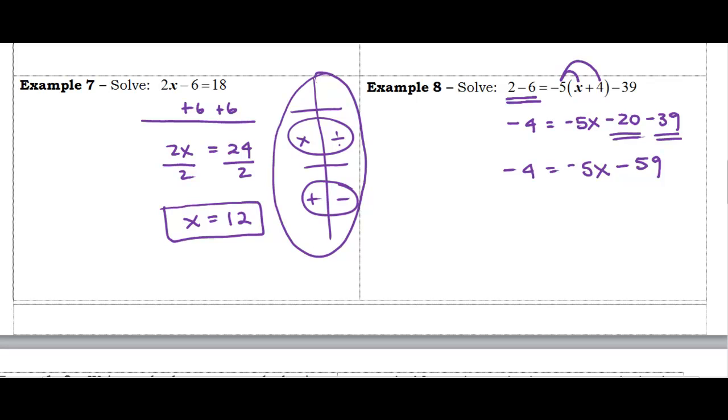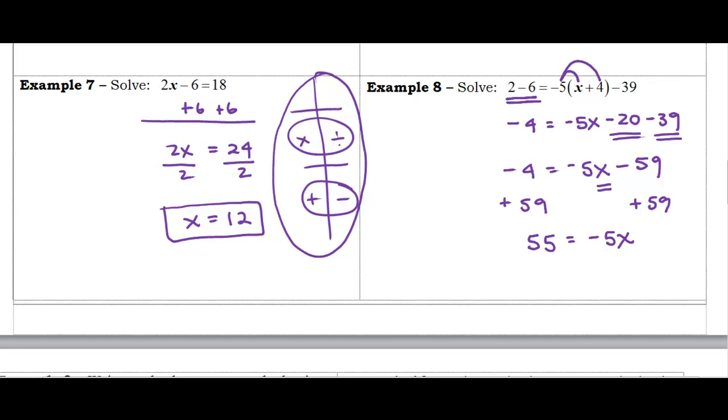Now that we've done all the simplifying, let's start to isolate the x. Do I attack the -5 or the -59? Good. How? Add 59. Very good. So I'll do the right side. I'm so helpful. You do the left side. 55.